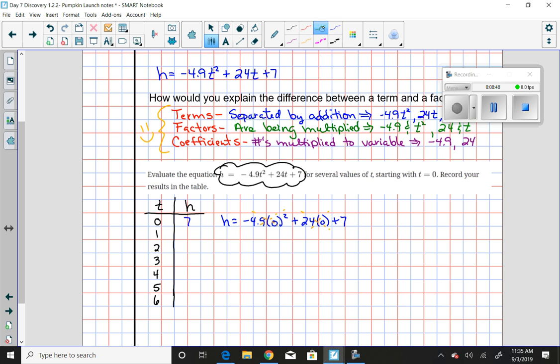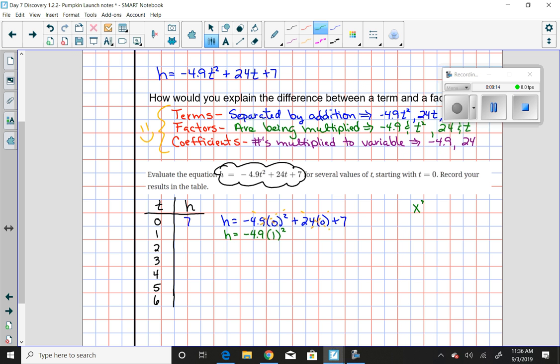Now, this next one, I do want you to use your calculator. I will go slow. So turn your calculator on. The height is equal to, now the negative is next to the enter button, so you have to press that in. Then 4.9. Open parenthesis, which I believe is above the 8, and type in 1. Close the parenthesis, which is right next to the open parenthesis, and press squared.